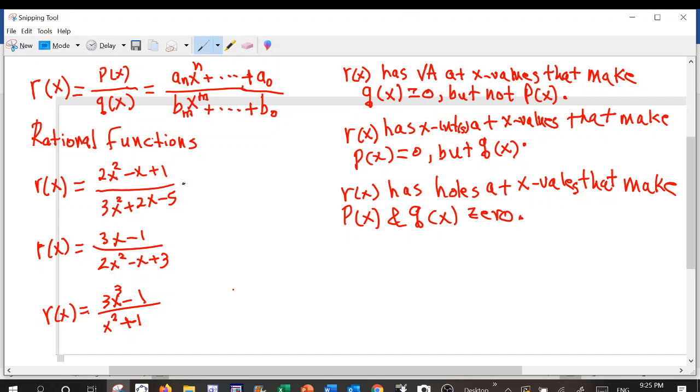Well, when x goes to infinity from right and left, the way that we look at this is we're going to think of this, when x is really large, just as what? As 2x squared over 3x squared. So the leading coefficient divided by leading coefficient. And this is going to determine the end behavior.